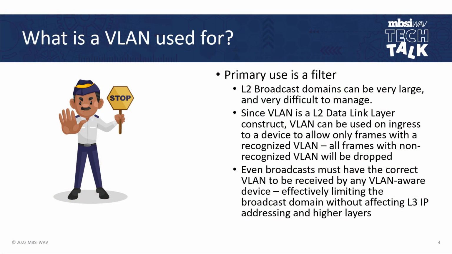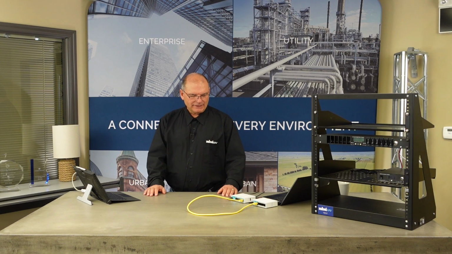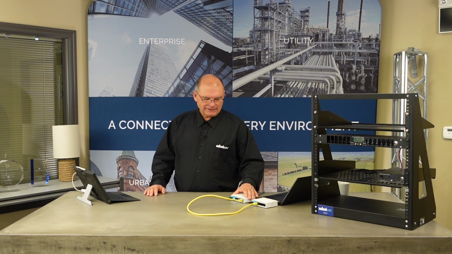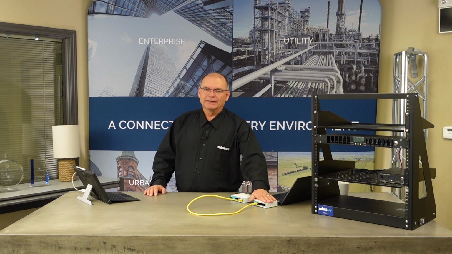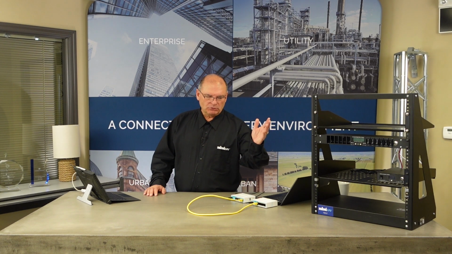So its primary use is a filter. It's important that it's before the payload in the Ethernet frame, because we can have our device filter on that VLAN itself. Let's suppose, again here with my pair of routers on the table, that I configure my second router so that it will only react to VLAN ID 100, for example.